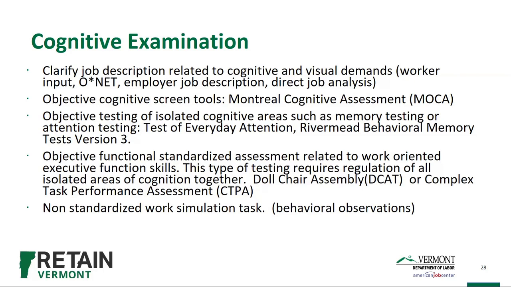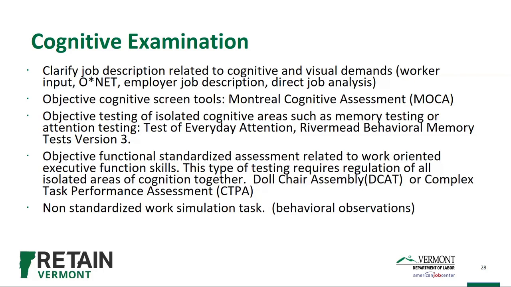Cognitive testing tools that look at specific cognitive areas, such as memory, are beneficial, but a worker with a mild cognitive impairment may still perform well on these types of tests. It is important to incorporate functional assessment into the evaluation process to help capture the worker's ability to regulate all isolated areas of cognitive performance together.